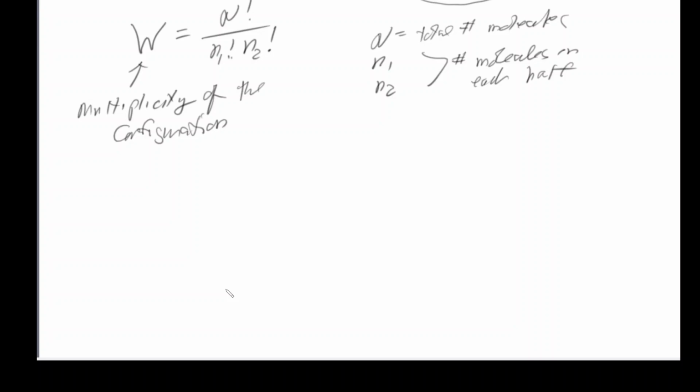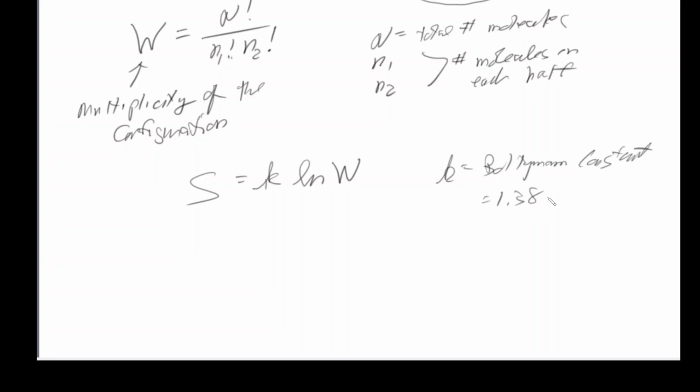So we can relate the multiplicity to the entropy through this equation. Entropy is equal to K times natural log of W, where K is Boltzmann's constant, which we've seen before. And that's equal to 1.38 times 10 to the minus 23rd joules per Kelvin.